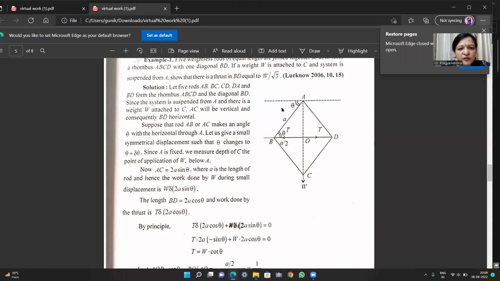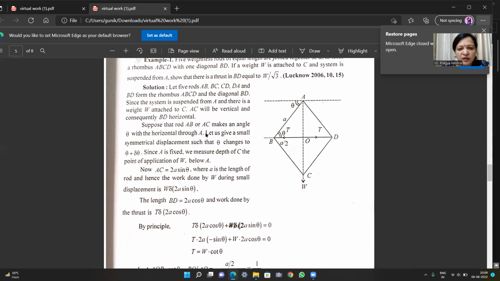So let 5 rods form a rhombus and diagonal BD, 4 sides of a rhombus and the diagonal BD. Since the system is suspended from A, and there is a weight W attached to C, AC will be vertical and consequently BD horizontal.